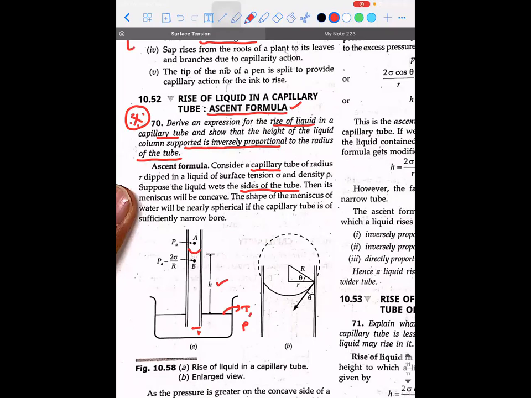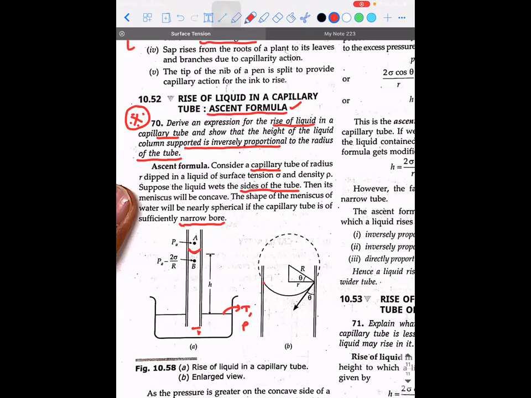So the shape of the meniscus of water will be nearly spherical if the capillary tube is sufficiently narrow bore. So here we are doing a small approximation. If the size of the tube is very small, that is, if it is a sufficiently narrow bore, then we can assume that this meniscus is not going to look like a parabola.